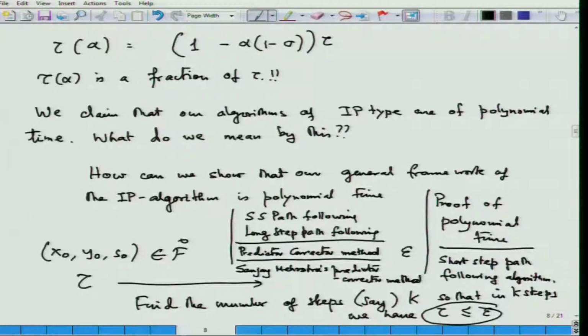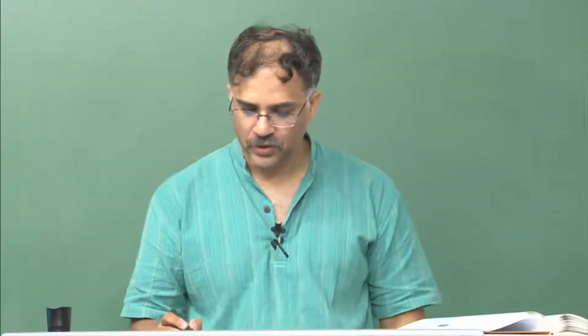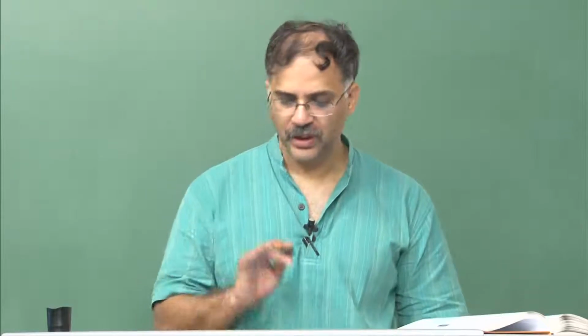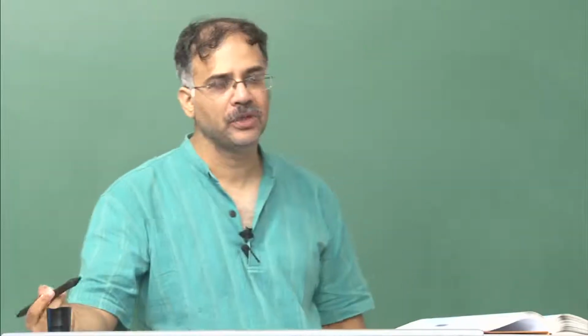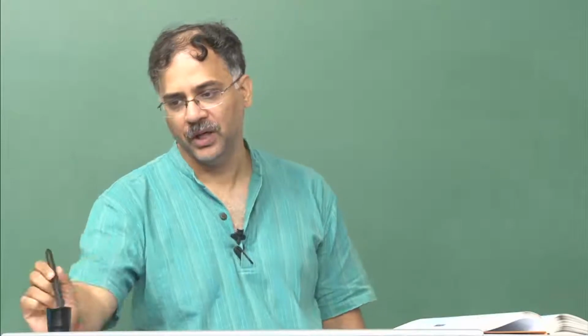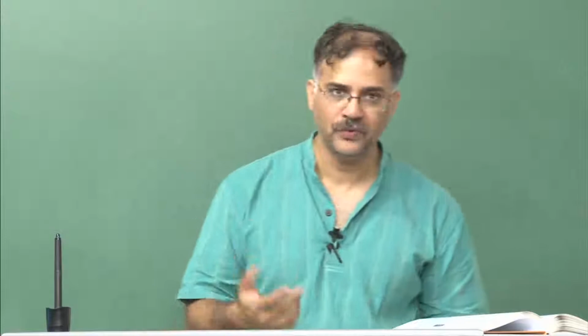We will try, if time permits, to briefly touch on what are called the potential reduction algorithms, which are also a type of IP algorithms. So, with this we end the talk here, and tomorrow we will start with proving the polynomial time and then get into these algorithms. We would need around 3-4 more lectures to have a brief idea about these things, and we will give references from which you can do your further studies.